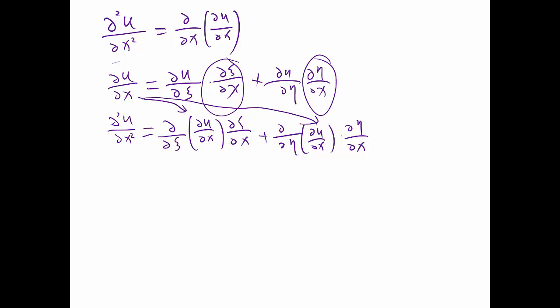Alright, I'm going to get a lot more terms. How many terms? Each of these is actually two terms, and if you write down the derivative of the product, each product is going to become two terms. So if you substitute this, you're going to get 4 terms, and then 8 terms.